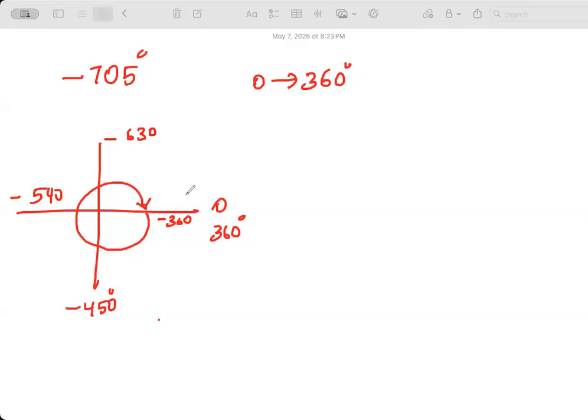If I increase it by 90, it would be minus 720, which I don't want to go to, but minus 705 is here, which is a positive 15 degrees. Does that make sense? So it is in the first quadrant. Rishit, make sense? When you go anti-clockwise, it's positive. When you go clockwise, these are negative angles.